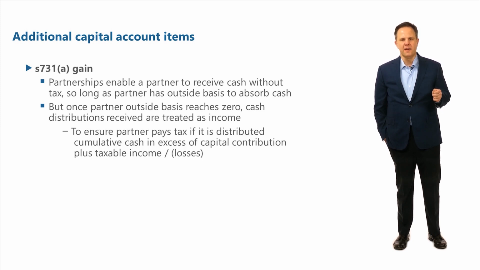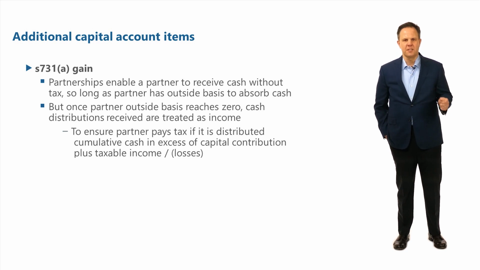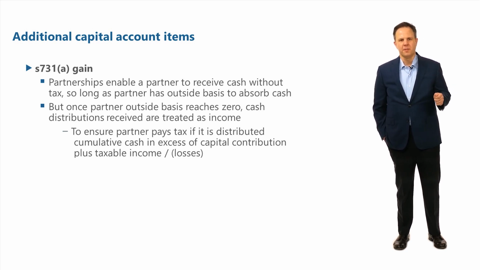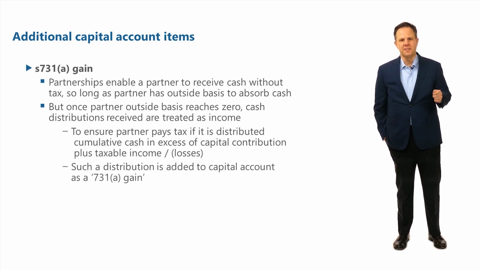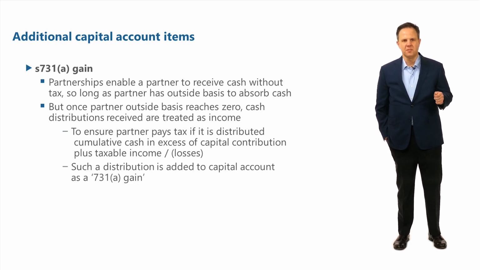Once a partner exceeds that limit, the partner has additional taxable income without regard to the tax profile of the partnership. For this reason, such a distribution must be recognized as a gain, which we call a Section 731A gain. It is added to the partner's outside basis.